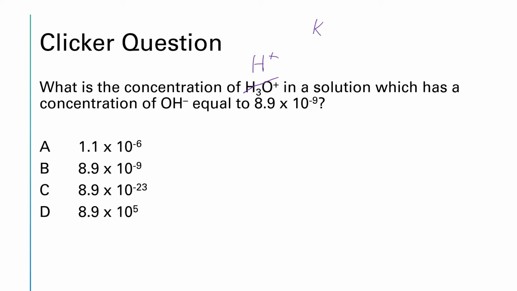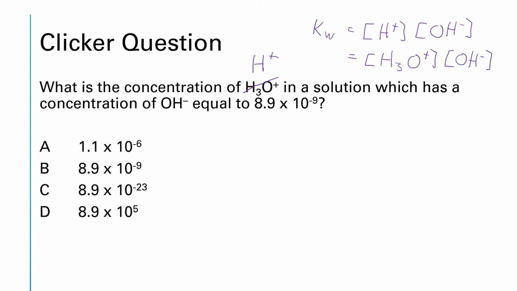Since Kw is equal to hydrogen ion times hydroxide ion, or if you prefer, it's totally good to say H3O plus times OH minus. Now if I rearrange that equation to solve for the hydrogen ion concentration, I'm going to get Kw divided by the hydroxide ion concentration.